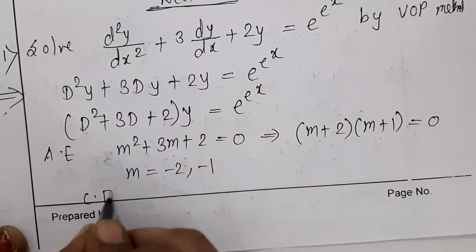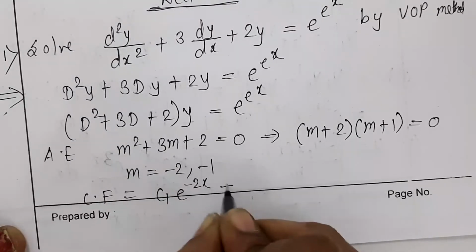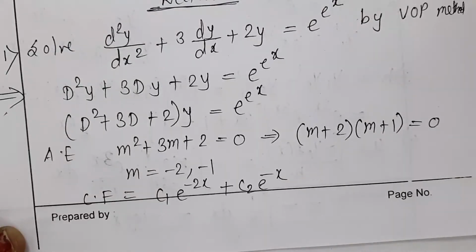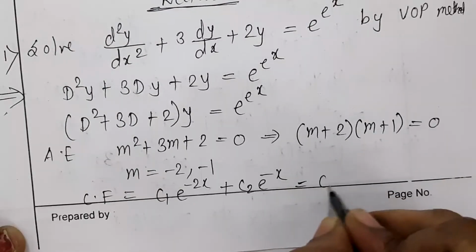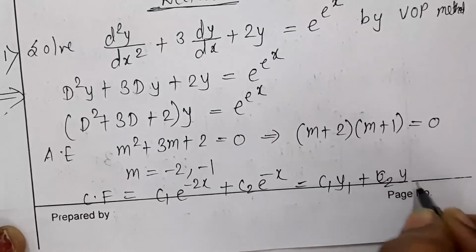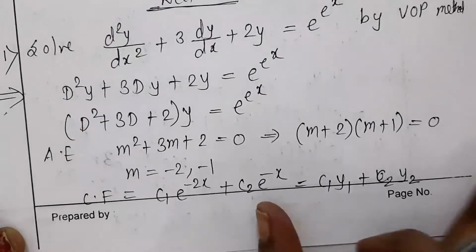How to write CF? CF = C1 e^(-2x) + C2 e^(-x). Now compare this CF with C1 y1 + C2 y2. Here sometimes your y1 and y2 may get interchanged, but your final answer must be the same.